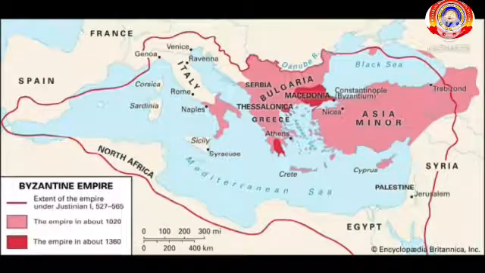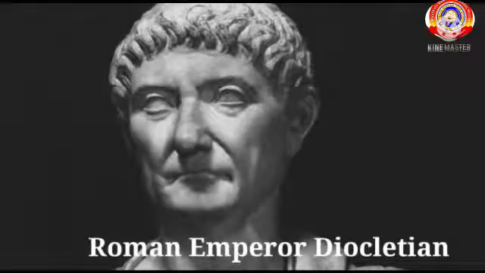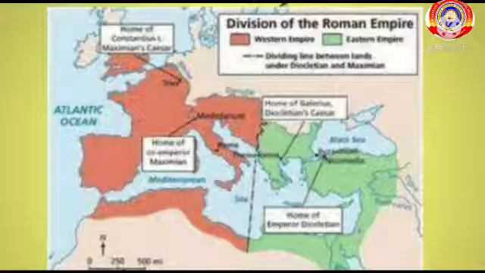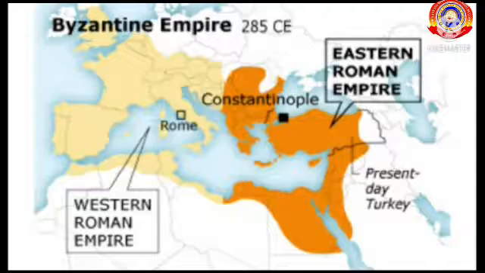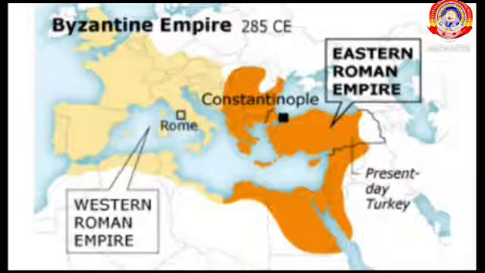For administrative convenience, the Roman Emperor Diocletian divided the empire into two in the 4th century CE. Thus, there emerged two empires: the Western Roman Empire with its capital at Rome, and the Eastern Roman Empire with its capital at Constantinople.